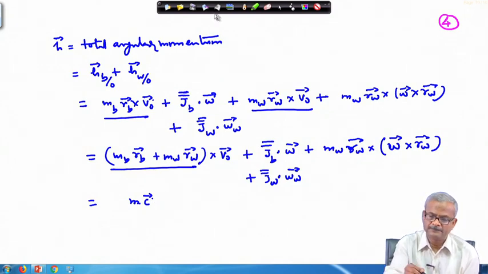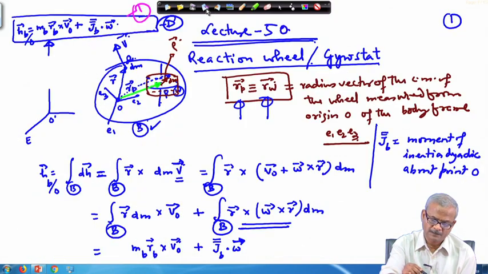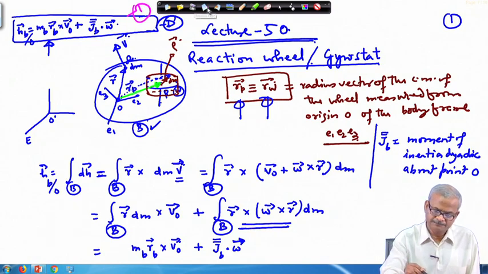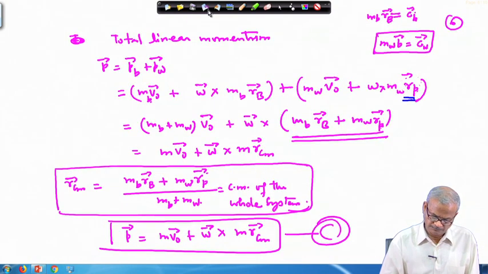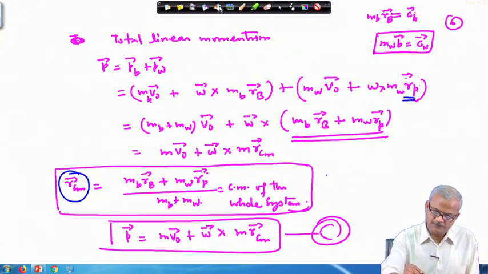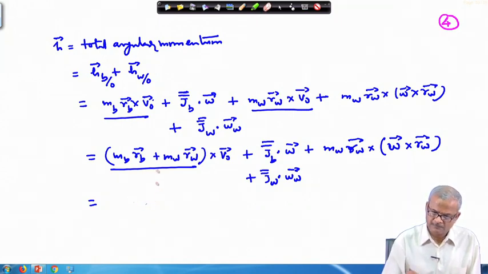So, that we have written as, we have used that notation somewhere, this is the R_CM, and so this becomes m times R_CM.